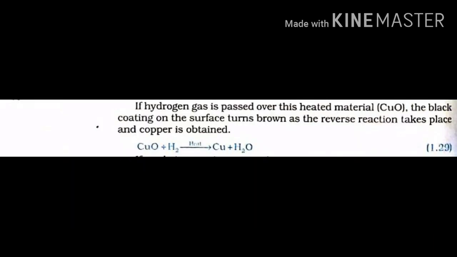Now pass hydrogen gas over the material CuO. The black coating on the surface turns brown because the copper oxide is reduced to copper. The equation for this reaction is CuO plus H2 on heating gives Cu plus H2O.